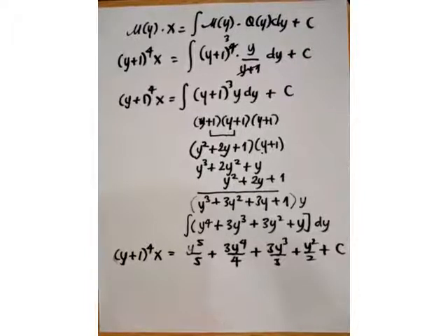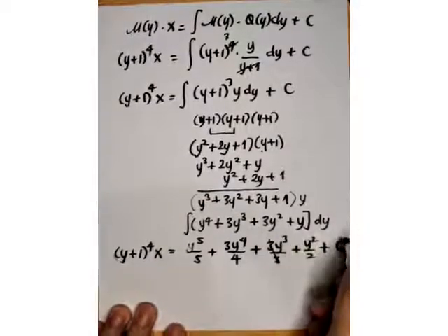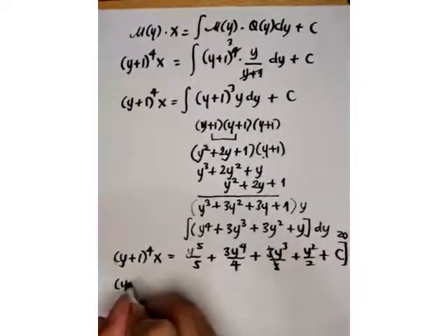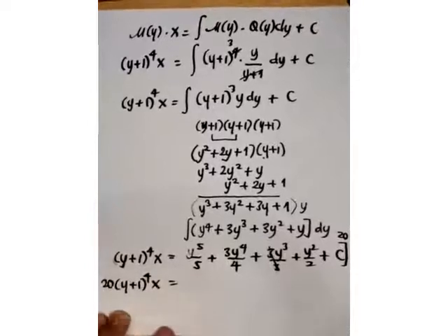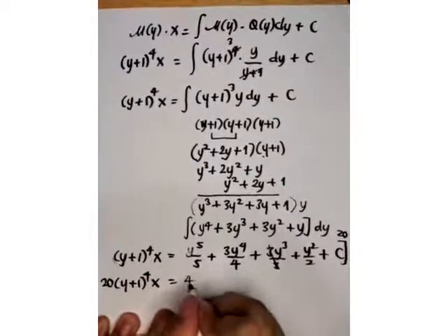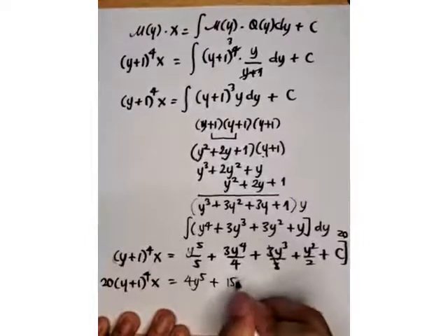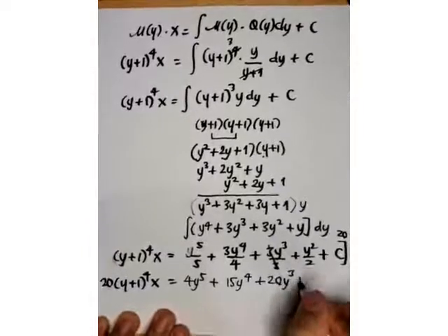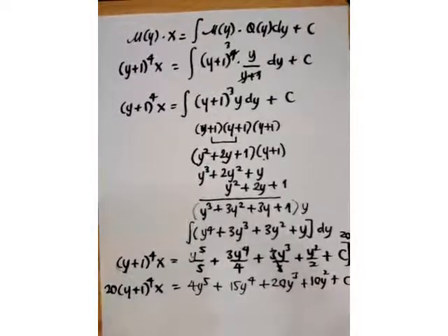Ayan. Parang yung simplify. Okay, multiply natin yung buo ng 20. Ayan, so that is y plus 1 to the fourth x times 20 is equal to 4y to the fifth plus 15y to the fourth plus 20y cubed plus 10y squared plus c. Ayan.